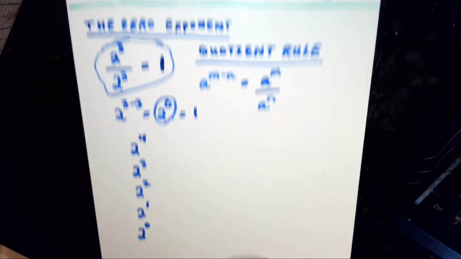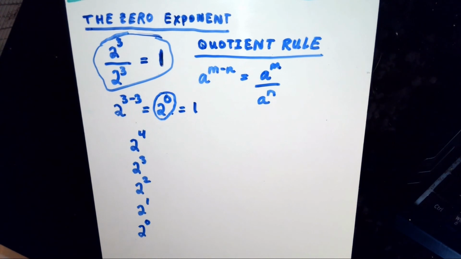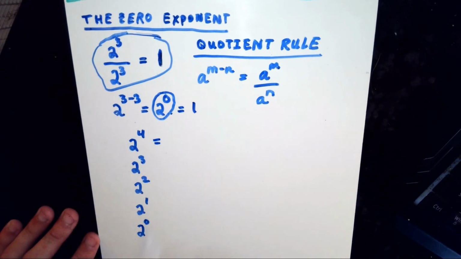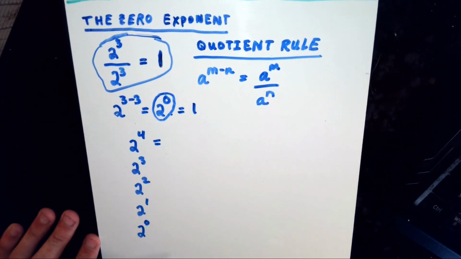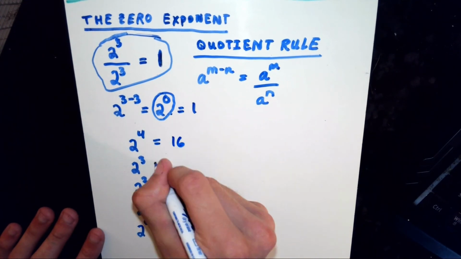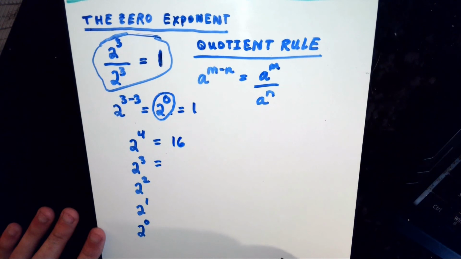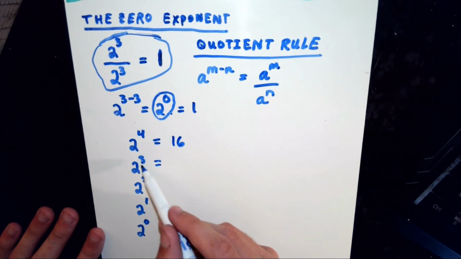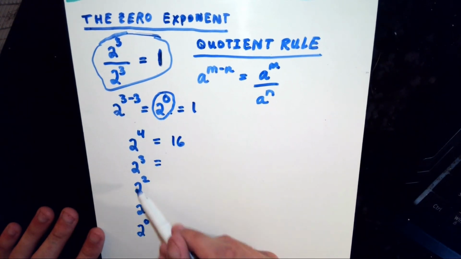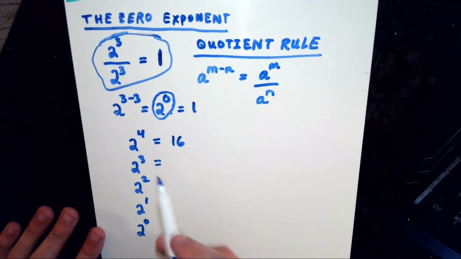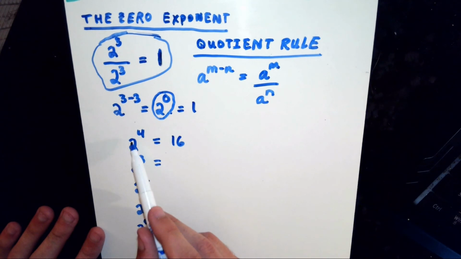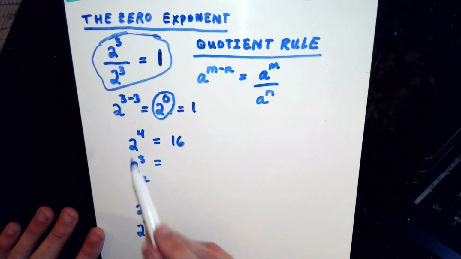If we evaluate each of these, 2 to the 4th is 2 times 2 times 2 times 2. Well, 2 times 2 is 4, 4 times 2 is 8, and 8 times 2 is 16. And notice, each time as we move up each step, we're multiplying by an extra factor of 2. Or, viewed differently, as we're moving down, we're just dividing by 2.